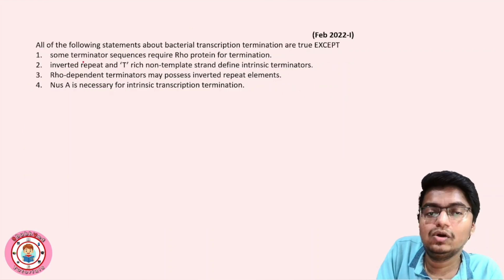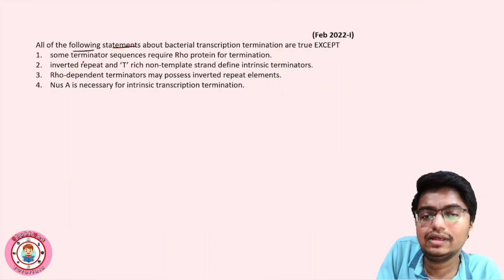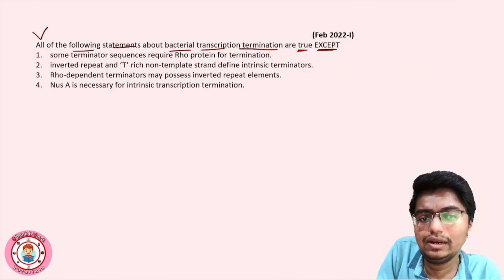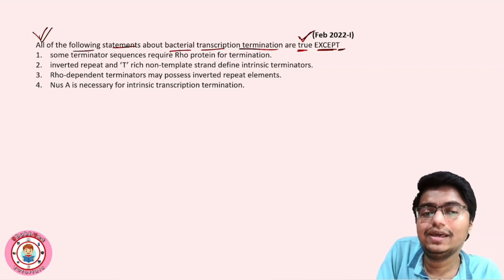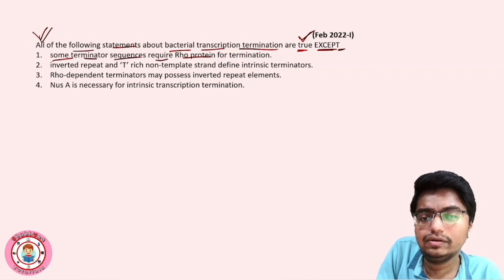B and C. All of the following statements about bacterial transcription termination are true except, again we have to identify the incorrect statement. Okay, क्या लिखा है? All statements are true except, right? Except सब एक को छोड़ के बाकी सारे करेक्ट हैं. So some terminator sequences require Rho protein for termination. करेक्ट है, ये करेक्ट हमें नहीं देखना.